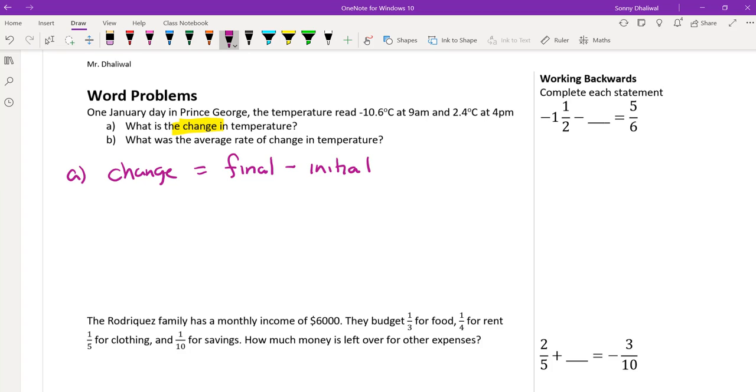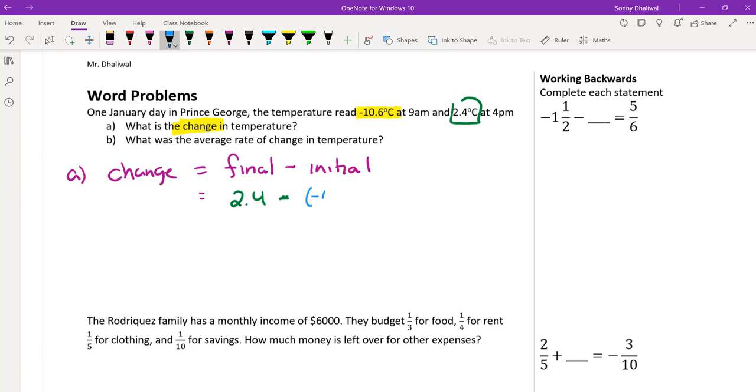So we plug in what is our final temperature of the day. 2.4. We got that from here. Then we subtract our initial temperature of the day. Which was that? So negative 10.6.